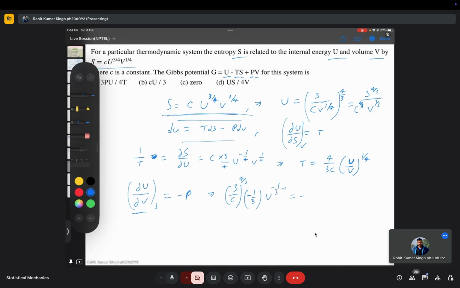This is equal to minus P. So the minus signs cancel, and we have P is equal to S by C to the power 1 by 3, and the power of volume is simply minus 4 by 3.